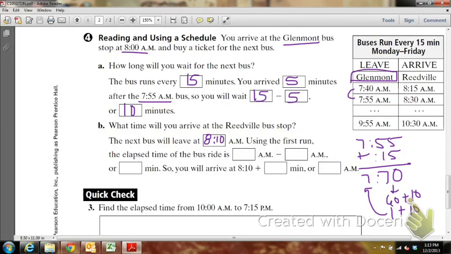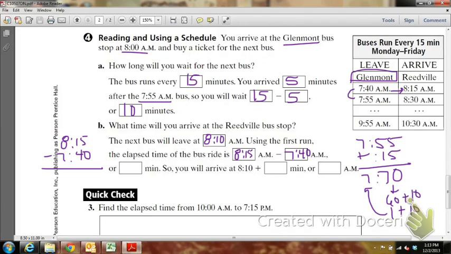The elapsed time of the bus ride, nope, that's not where I want to look. So the first run is from 7:40 to 8:15. So it's 8:15 minus 7:40. So how many minutes is that? 8:15 minus 7:40.